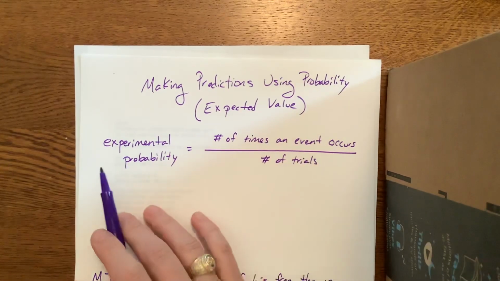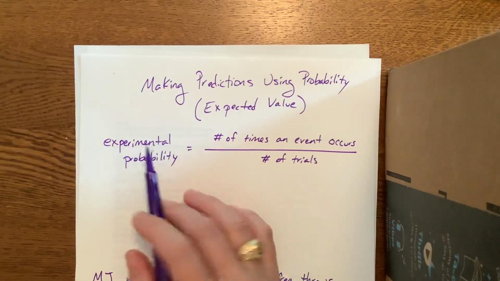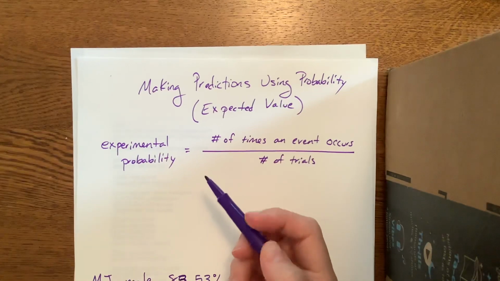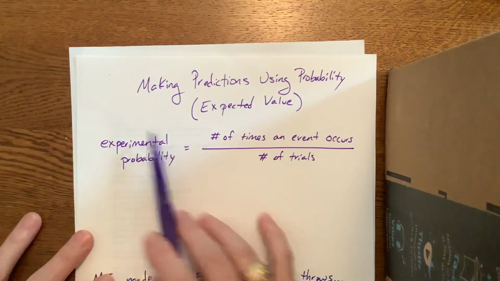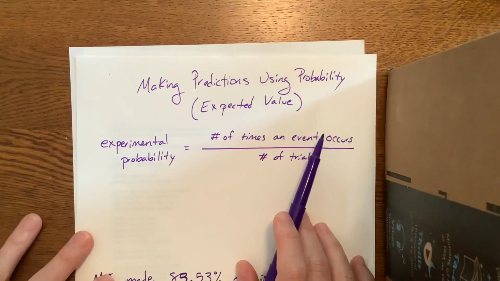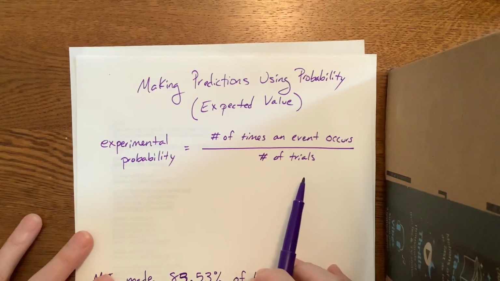Okay, and so they begin with the idea of talking about how we find the experimental probability. I made a video about this a week ago. The experimental probability is the number of times the event occurs divided by the number of trials.